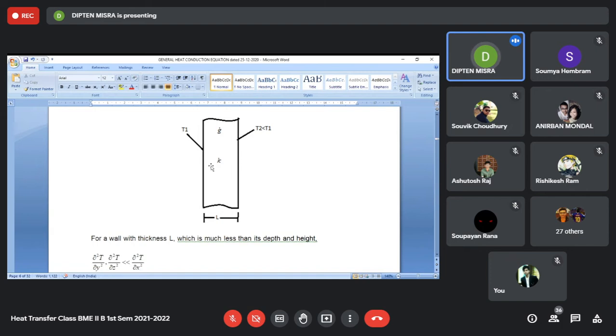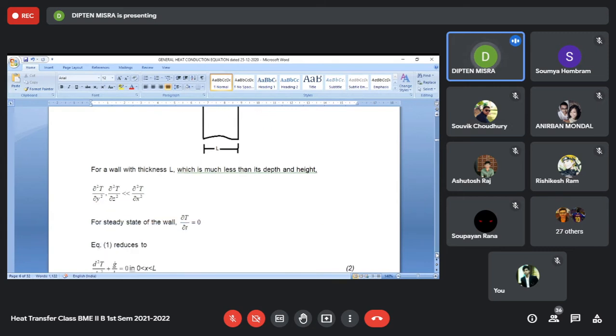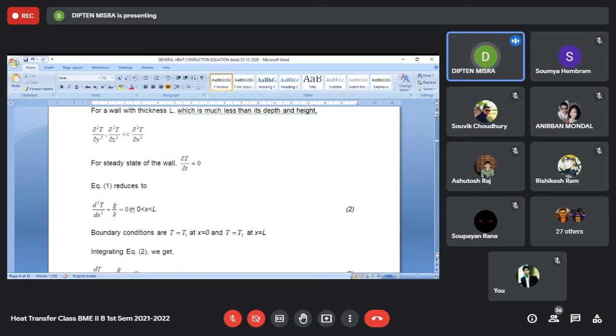So three alternative possibilities are there so far as x equal to 0 is concerned. But at x equal to L, it will always come out. That is so because of the nature of the problem that you have considered here.